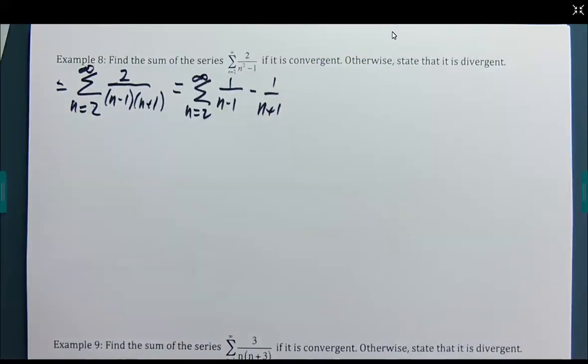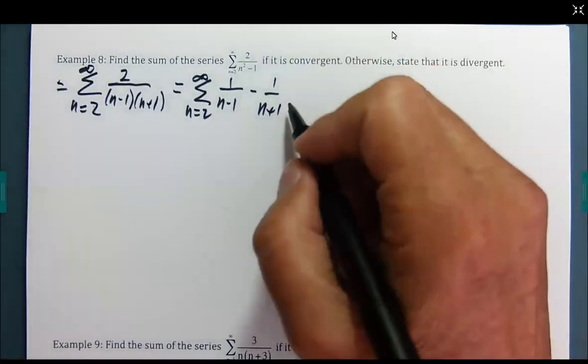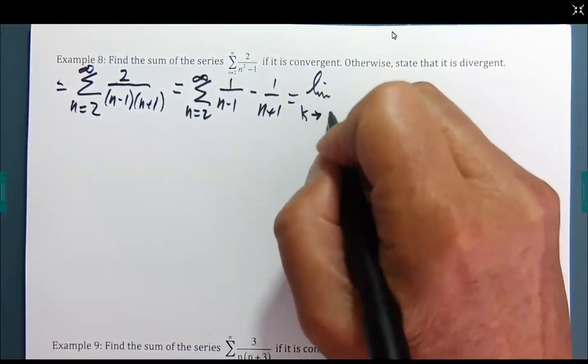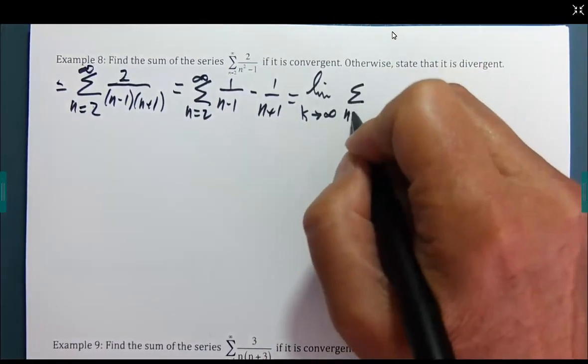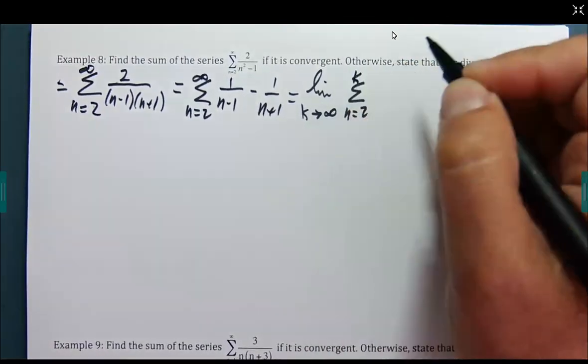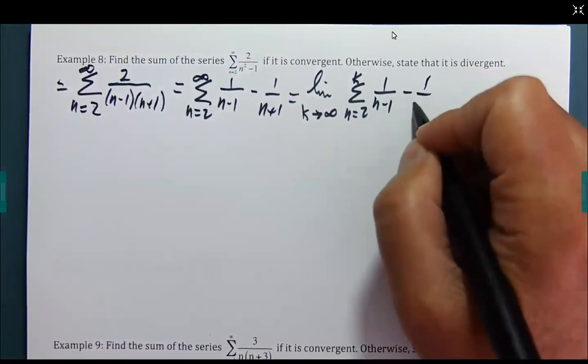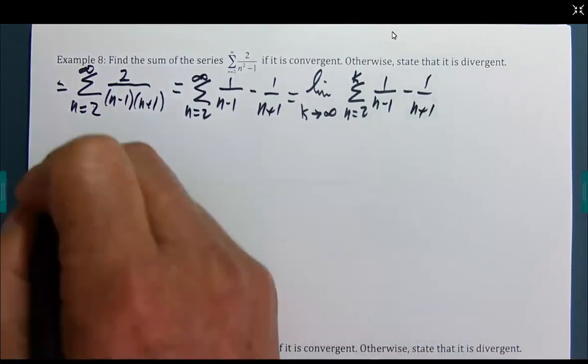Again, you'll have to do partial fraction decomposition, kind of like I just did a minute ago. And once again, I'm going to write this as a limit and start writing these out.